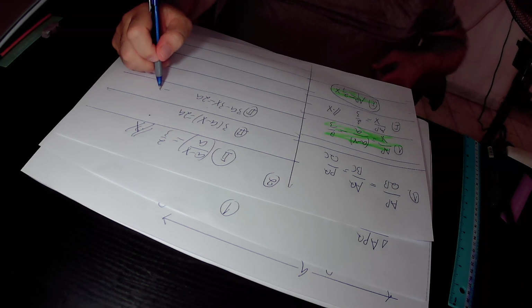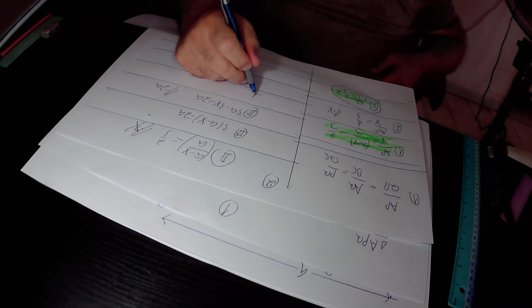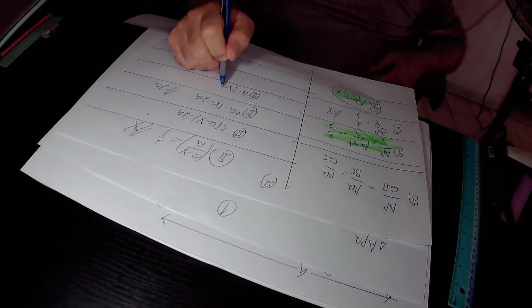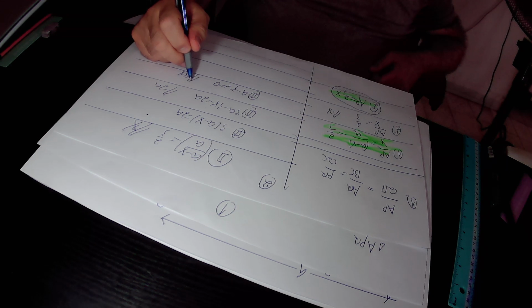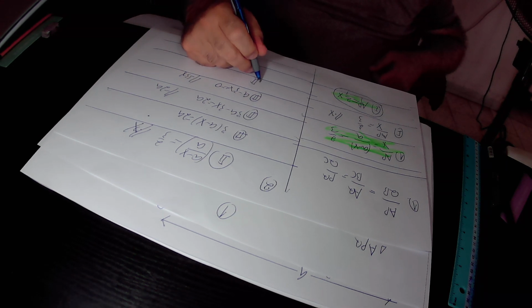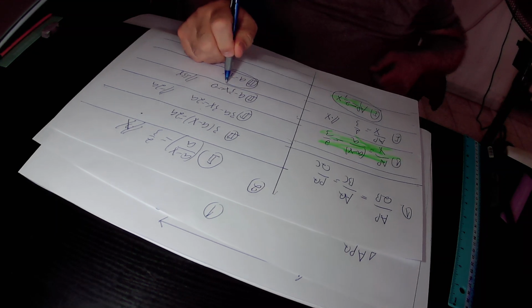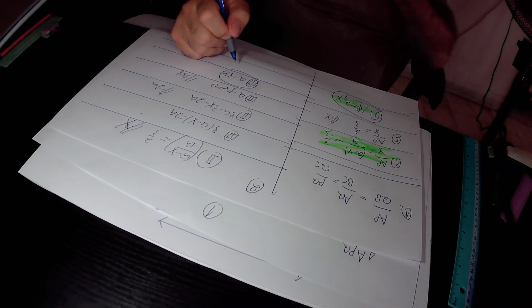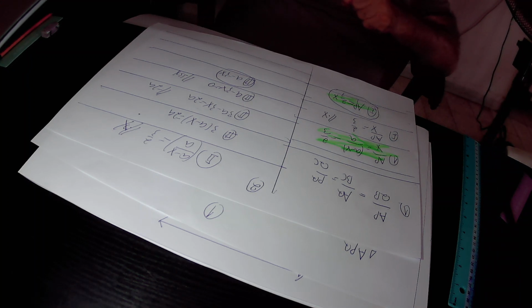Here we subtract 2A from this equation, and finally get that 3A minus 2A is A, so A minus 3x equals 0. Here we add 3x to this equation, and finally get that according to equation 2, A equals 3x.